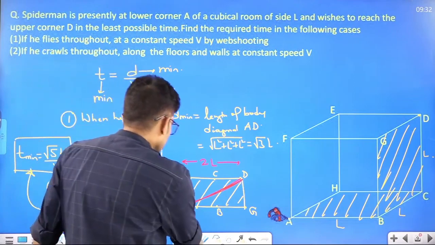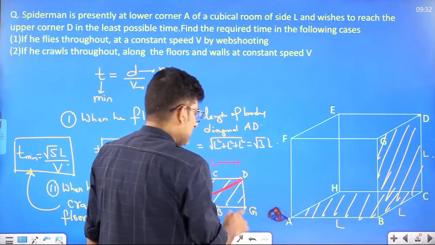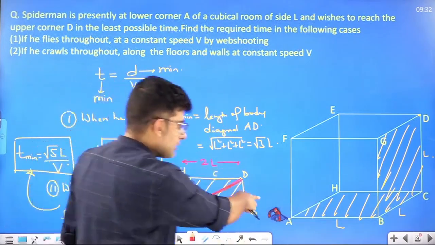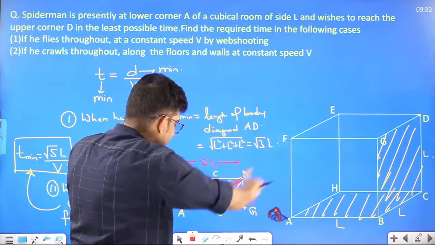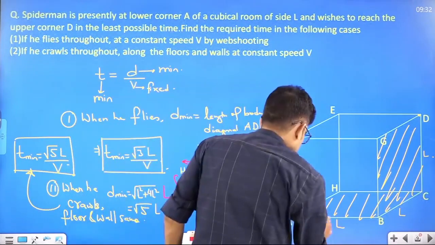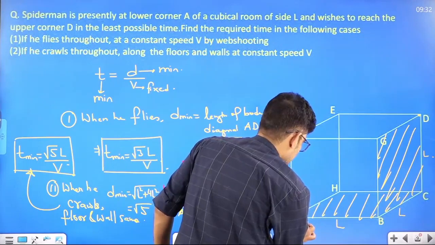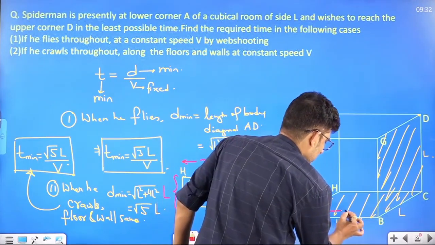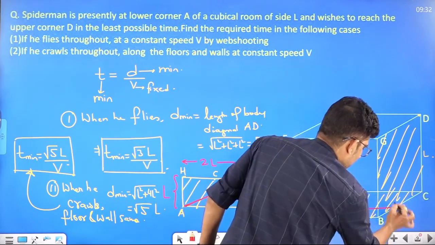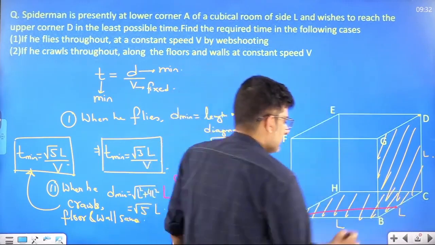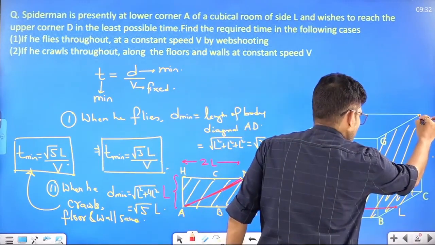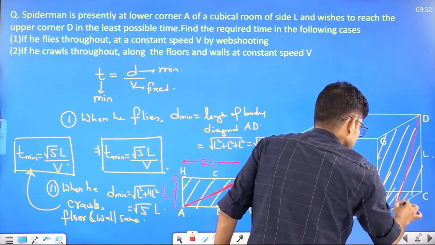So basically when you see it in the diagram itself, we have split it into a rectangle. So actually he will start from A and on the floor he will be going up to somewhere here, and after this from here he will crawl up like this.